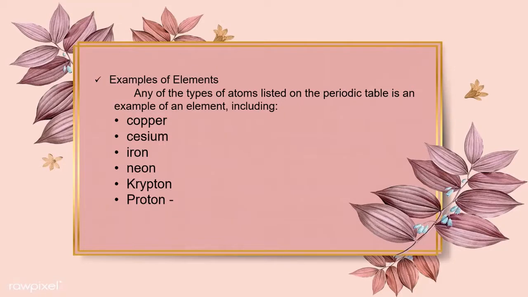Examples of elements. Any of the types of atoms listed on the periodic table is an example of an element, including copper, cesium, iron, neon, krypton, and proton.